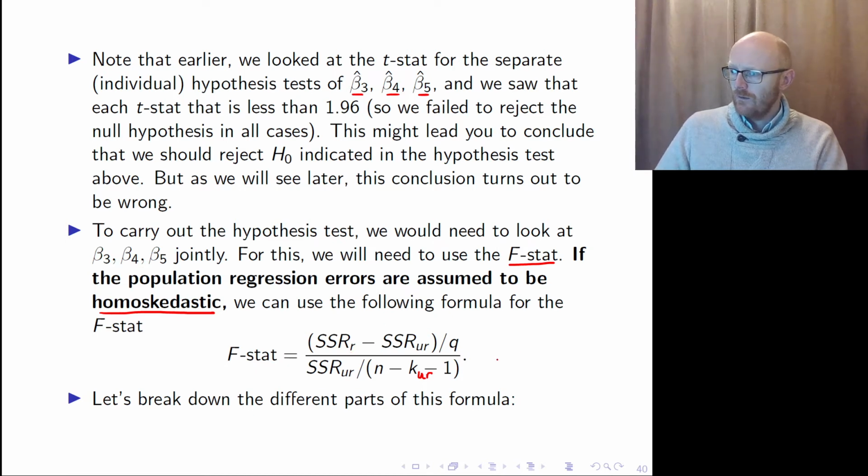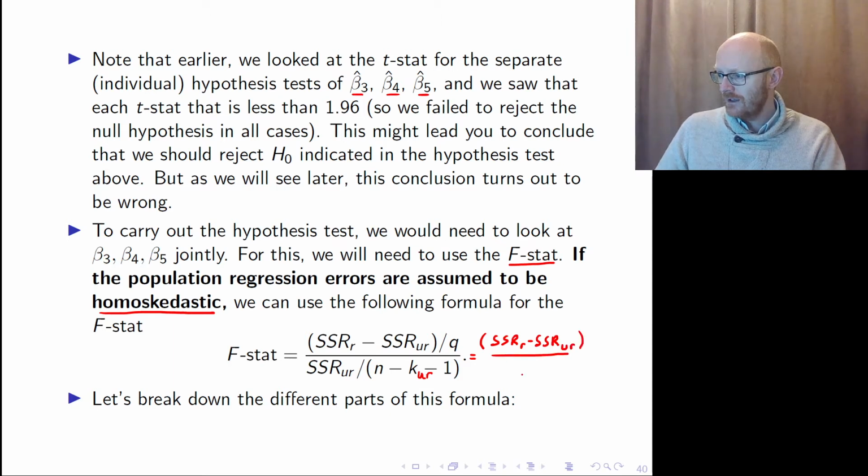You can also write this as SSR restricted minus SSR unrestricted, divided by SSR unrestricted, times n minus k minus 1.